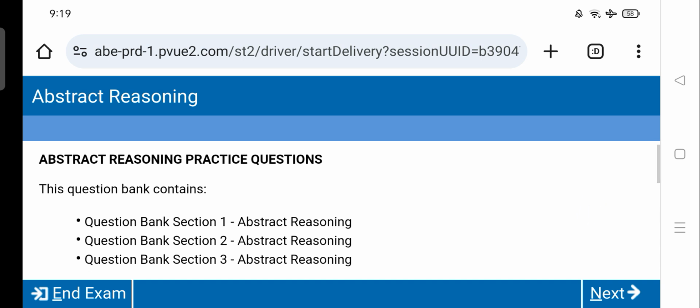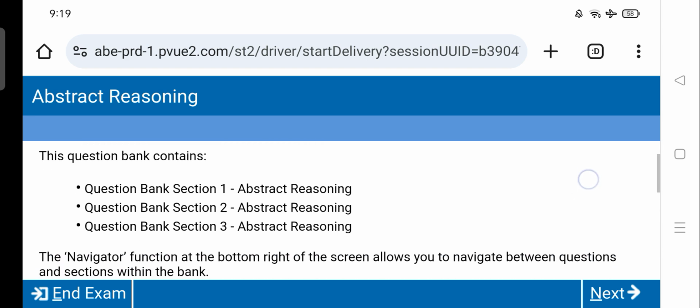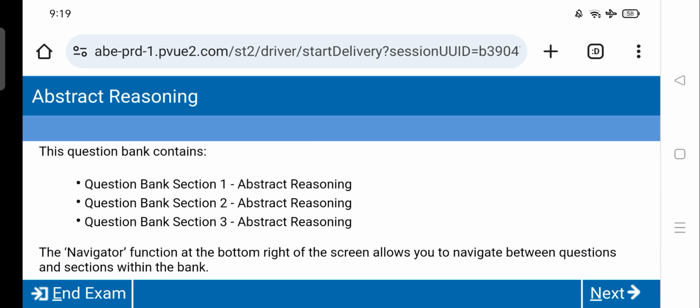Now we have abstract reasoning practice questions. This question bank contains 3 sections: section 1, section 2, and section 3. The navigator function at the bottom right of the screen allows you to navigate between questions and sections within the bank.